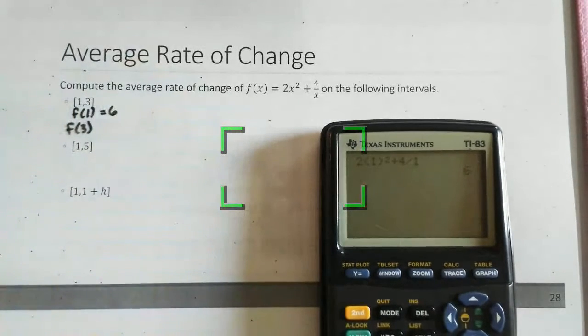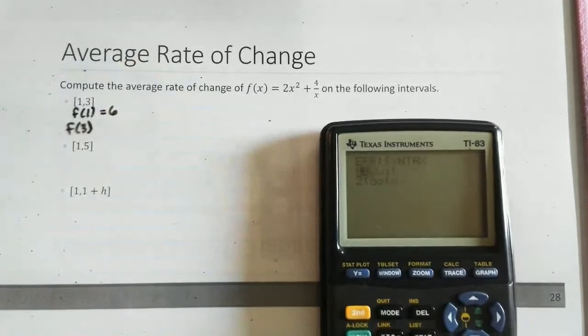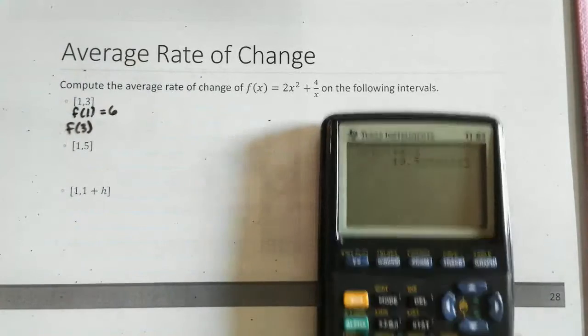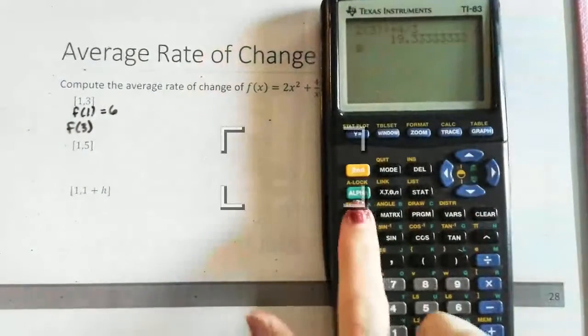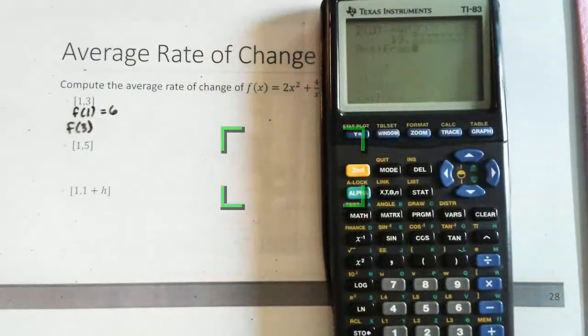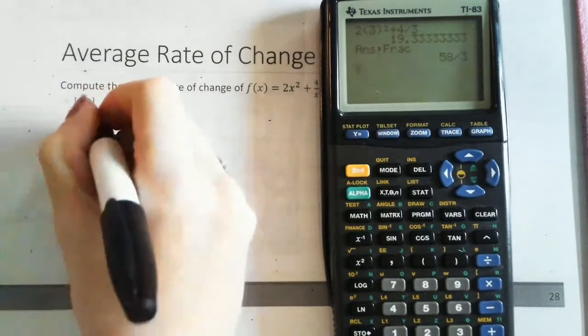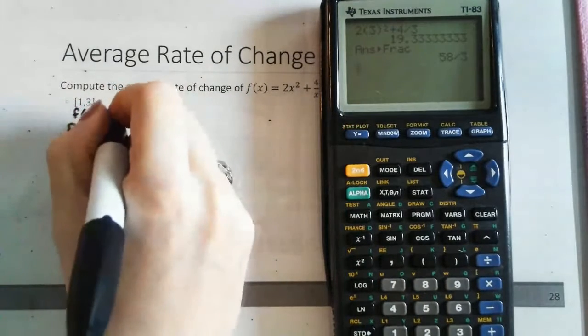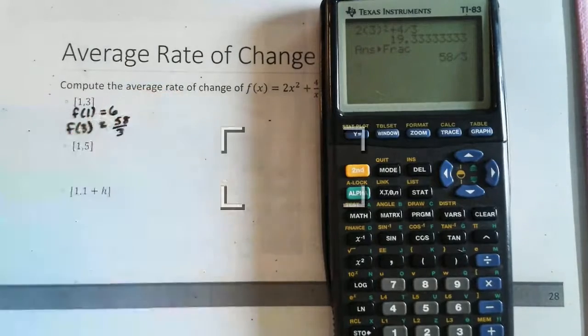If I plug in 3, then I get 2 times 3 squared plus 4 divided by 3. I get this decimal number. If I press my math button, enter, enter, that's going to take it to a fraction for me. And f of 3 is equal to 58 thirds.